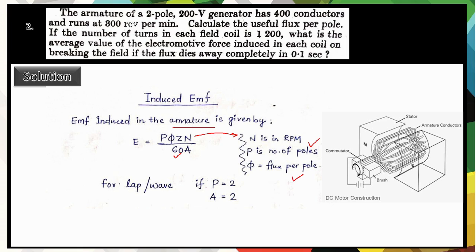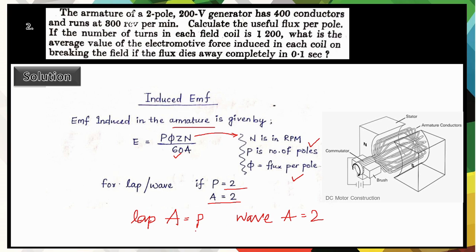Here it is not given whether it is lap or wave. If the pole is 2, the parallel path will be 2 anyway, because for lap we take A equal to P and for wave we take A equal to 2.